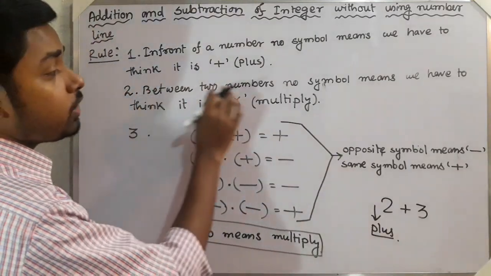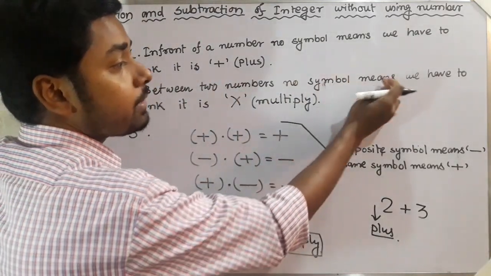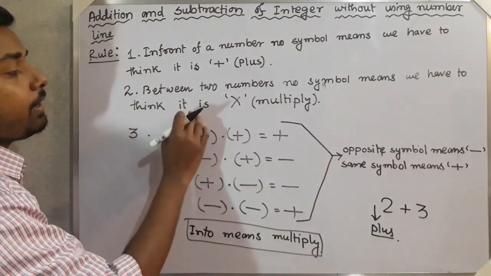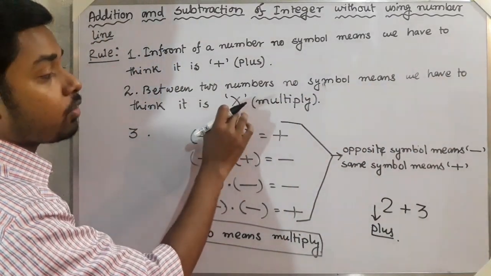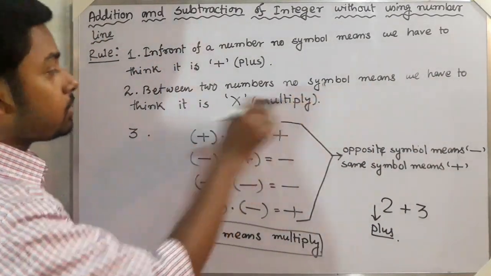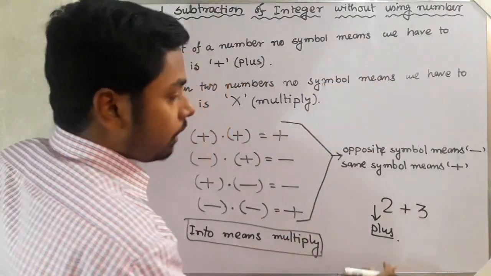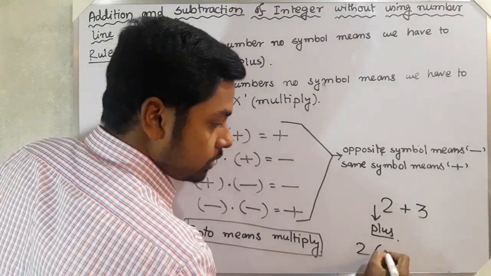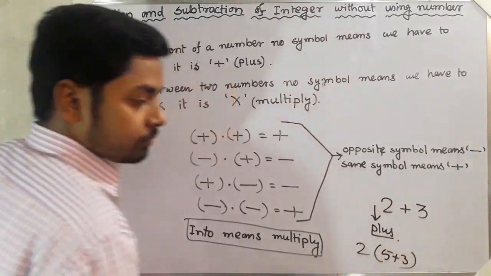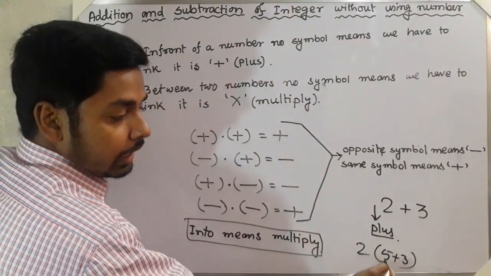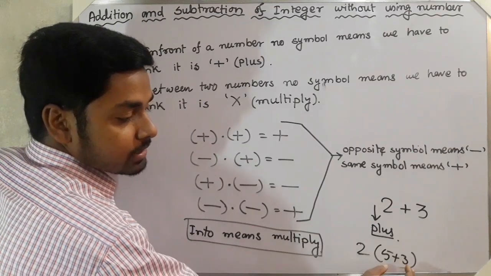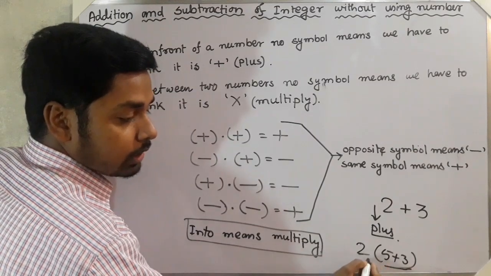Now, between two numbers, no symbol means we have to think it is multiply. Cross means multiply. Suppose this one: between 2 and the bracket 5 plus 3, there is no sign between these two terms.